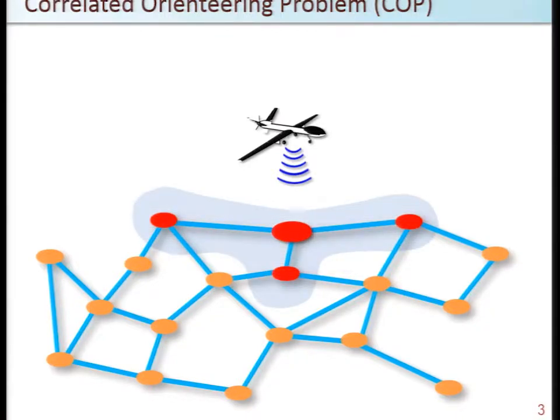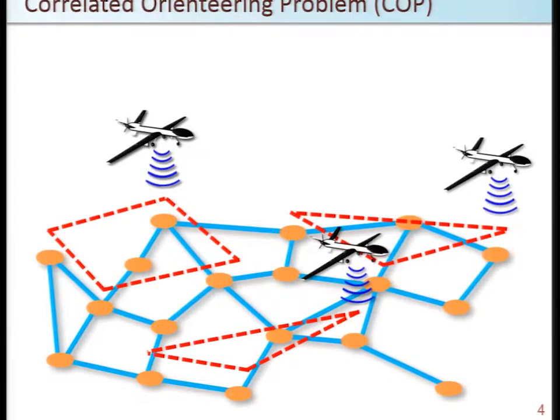With this setup, and assuming that these robots have limited travel range, we want to plan tours for these robots so that these tours respect the travel distance limit. And at the same time, if we collect information over the set of nodes visited by these tours, we hope to best estimate through correlation the desired information across the entire network of nodes.